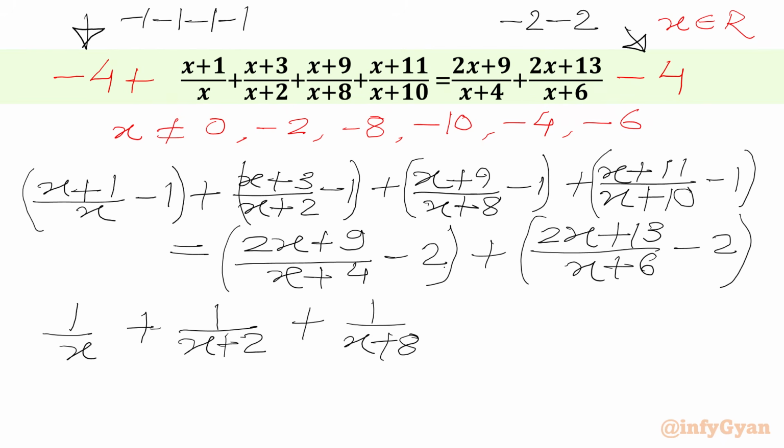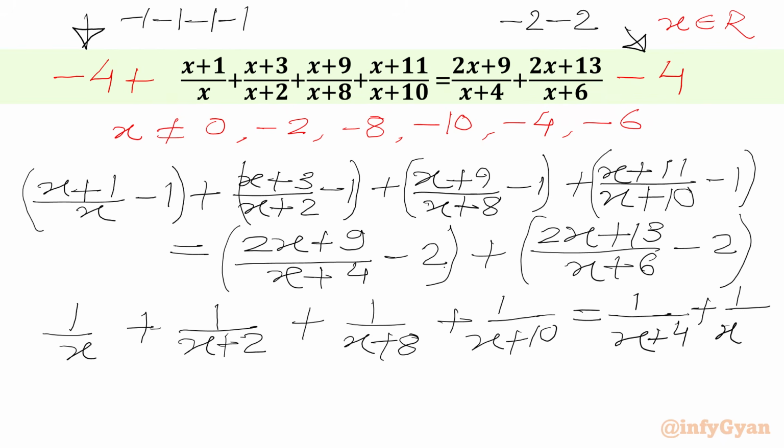Then x plus 11 minus x minus 10 over x plus 10, which we write as 1 over x plus 10 on the left hand side. In the RHS, 2x plus 9 minus 2x minus 8 gives us 1 over x plus 4, plus 2x plus 13 minus 2x minus 12 over x plus 6, which we write as 1 over x plus 6.